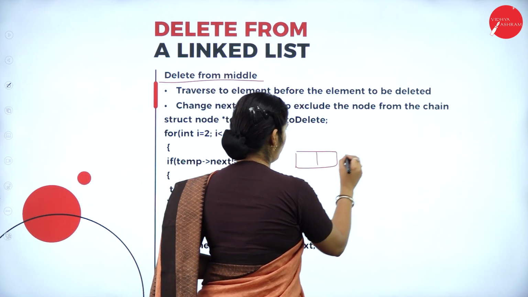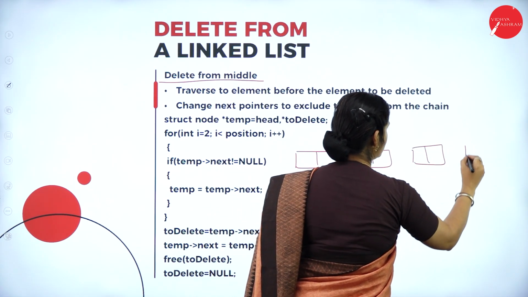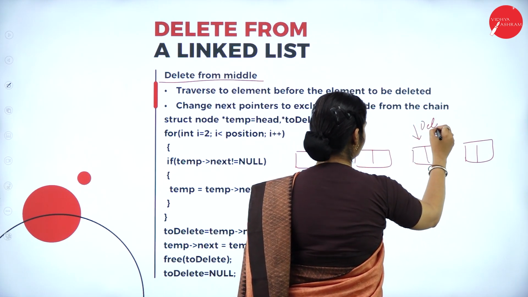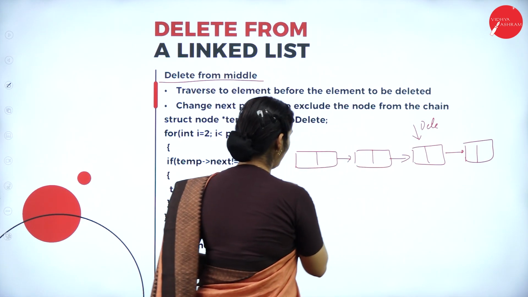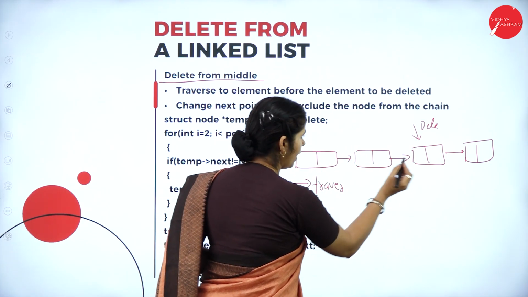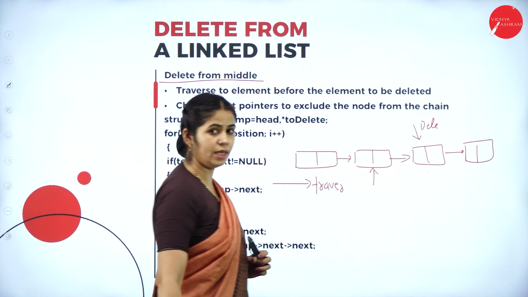Say we have 4 nodes and I want to delete this particular node. What do I have to do? I have to traverse till position minus 1. I have to traverse till here.